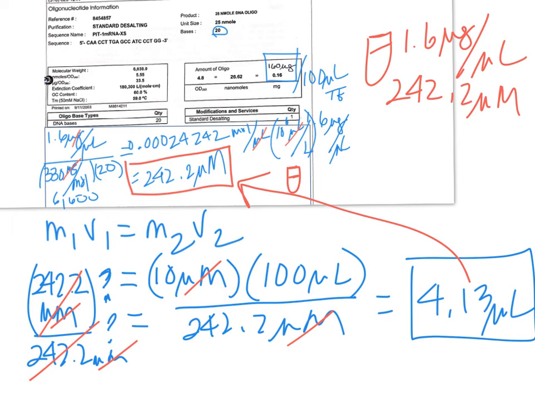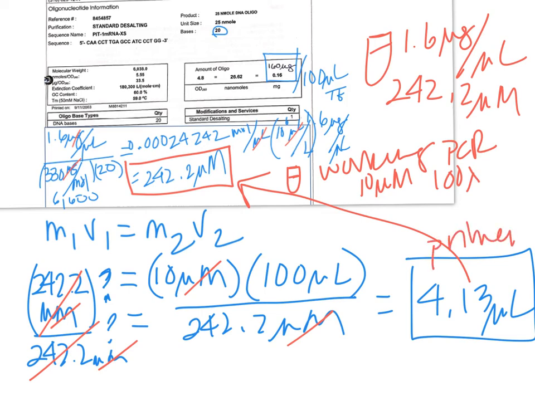Now we want to make our tube of working PCR dilution. It's at 10 micromolar, and it's in 100 microliters. And so we're going to put 4.13 microliters of our primer at 242.2 micromolar, and then up to 100 microliters of TE.